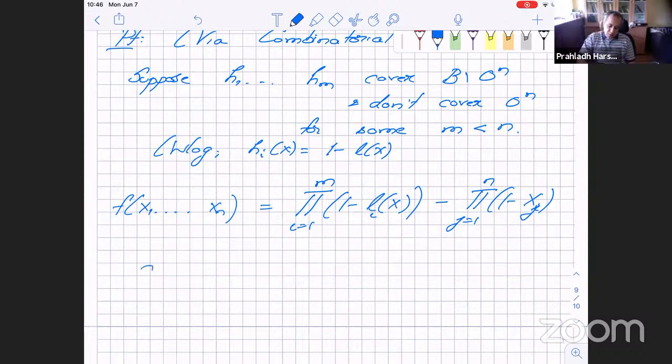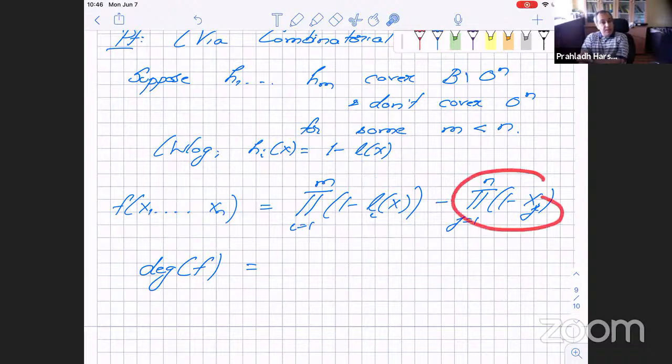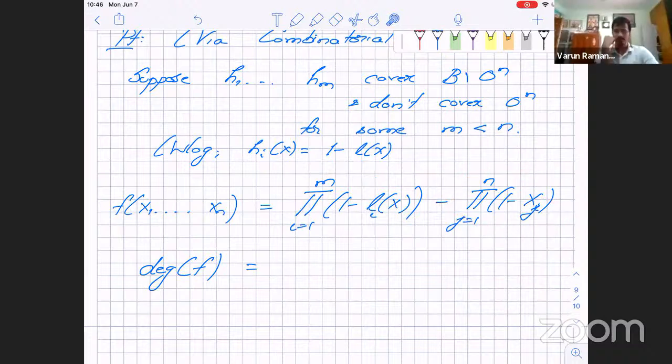Once again, now let's look at what is the degree of f. What's the degree of this polynomial? The degree over here is at most m. The degree over here is n. And m is less than n.